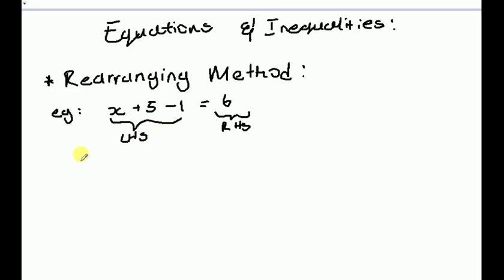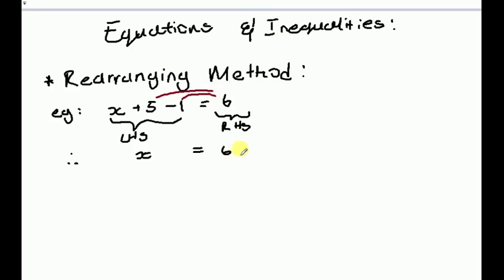So from here, therefore, we'll say that x is equal to, then we'll be taking every constant to the other side, like 1 to this side, 5 also to this other side. So this is what we are going to see.